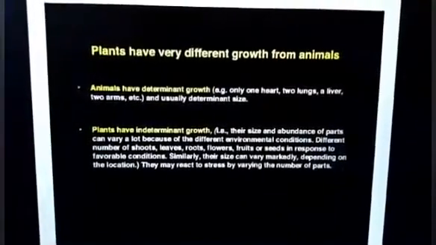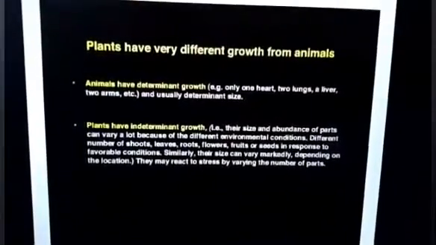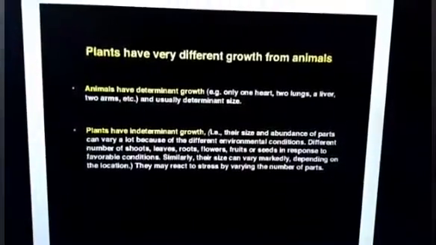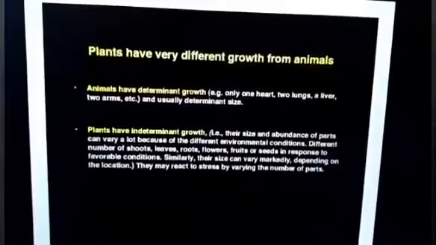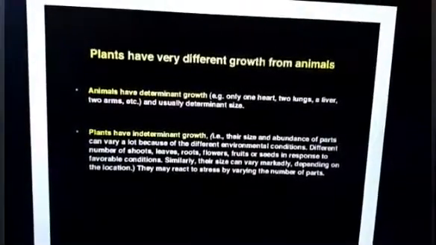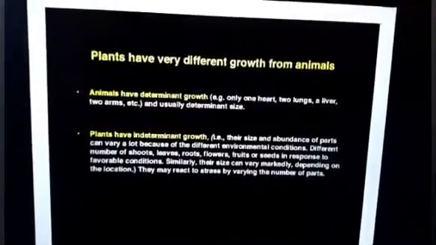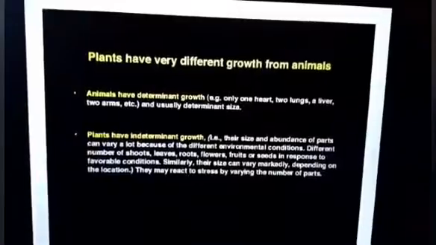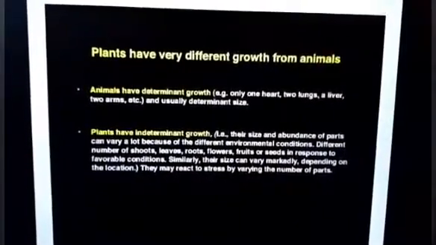So plants have different growth from animals. Animals have determinate growth. For example, with humans, we only have one heart, 2 lungs, a liver, and 2 arms, and sometimes a determinate size. But plants have indeterminate growth. That is, their size and abundance of parts can vary a lot because of different environmental conditions.